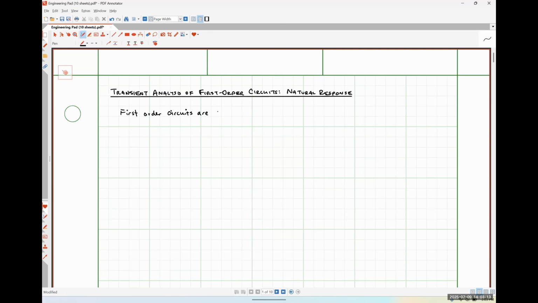are characterized by first order differential equations.